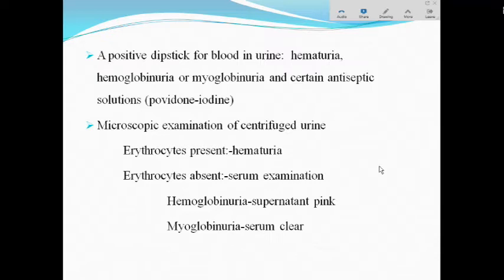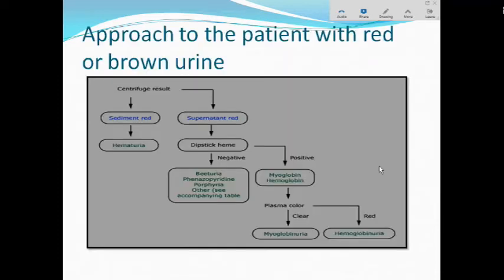These are the various findings. If erythrocytes are present, there is hematuria. If RBCs are absent on examination and the supernatant is pink, it is hemoglobinuria. In myoglobinuria, the supernatant will be clear. This is the same thing we discussed in the flow chart. Remember the flow chart. Always try to make flow charts in your exam.